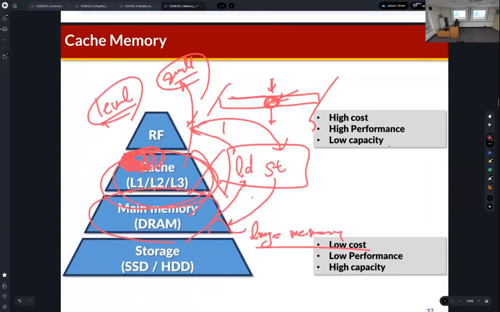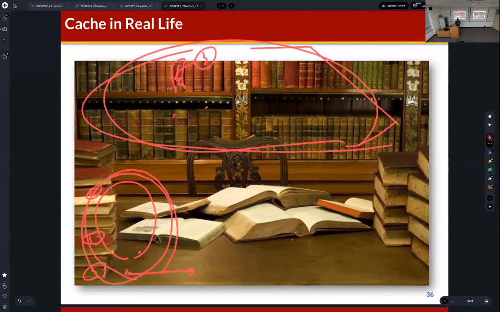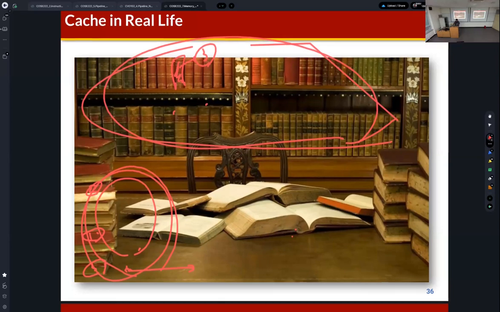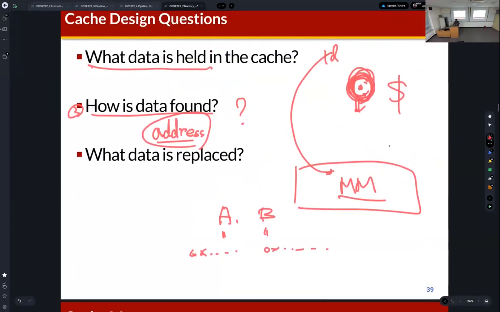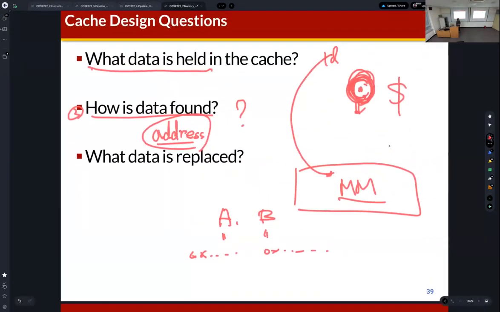In this analogy, I mentioned book number 3, which means that we can identify the book with the book number. That is the address of a data. So we can identify data using an address.